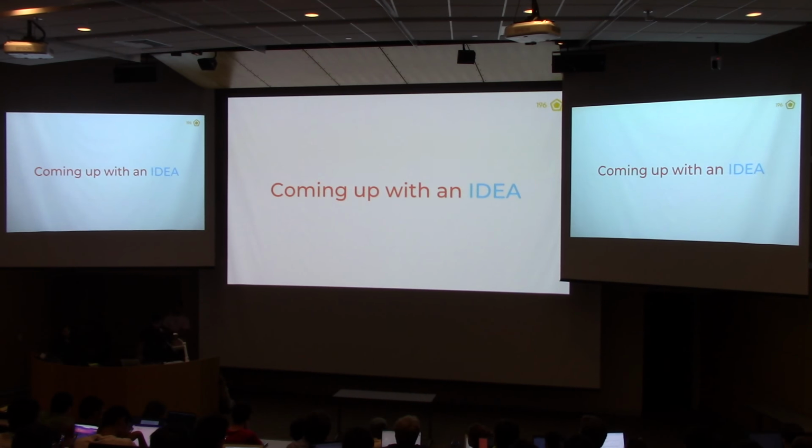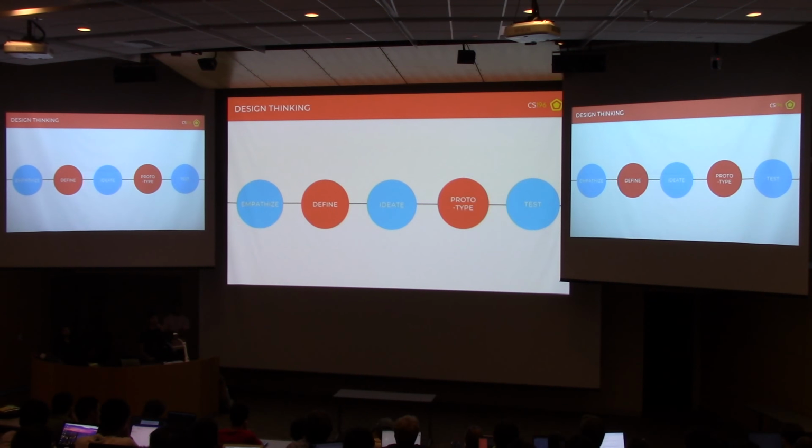Now, a simple way to come up with ideas to work on is something called design thinking. How many of you know what design thinking is? Can we have a show of hands? So a few of you, right? So I'm just going to quickly go over what design thinking is before we go into trying to understand some of the nuances.